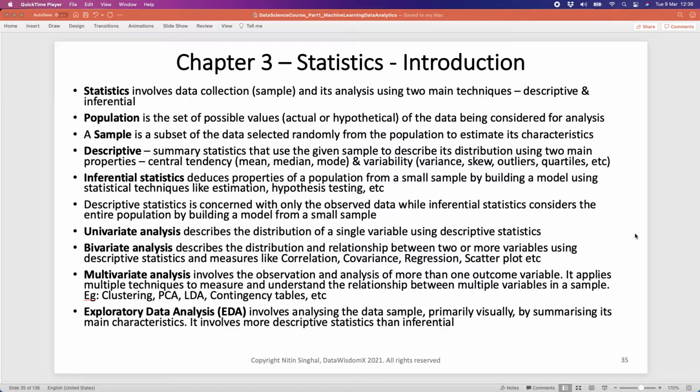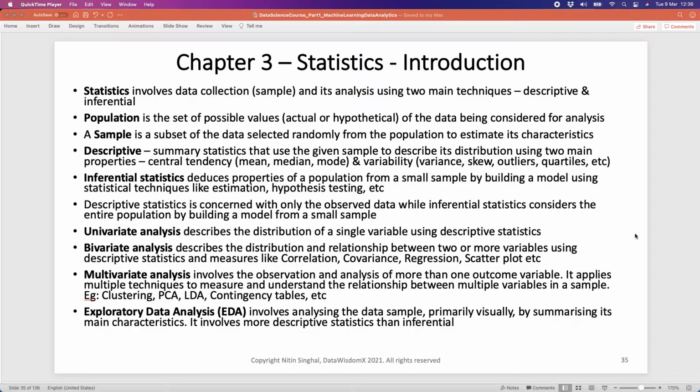If you are, for example, analyzing data for a country, the entire population of that country is the population which you're analyzing, but it's really difficult to collect the data for the entire population. So that's where statistics plays a very useful role: you can take a sample of that population, which is a subset of that data.